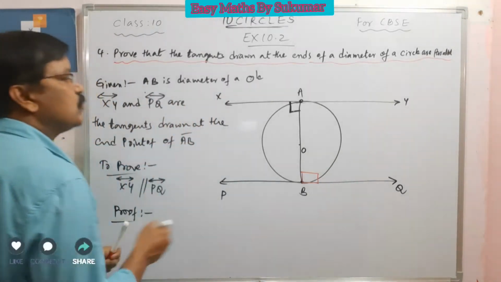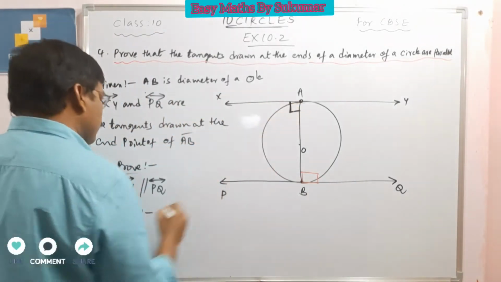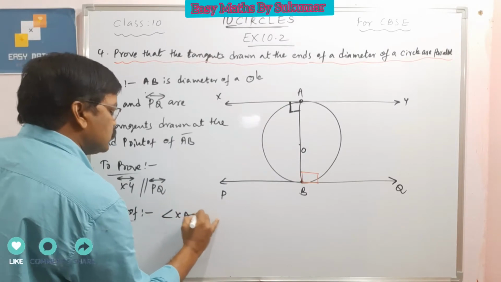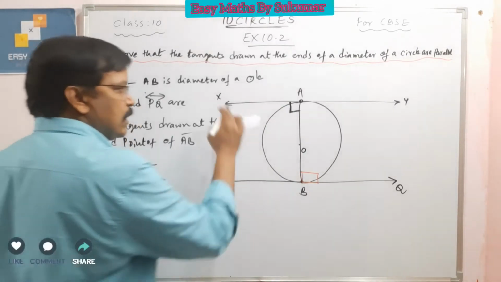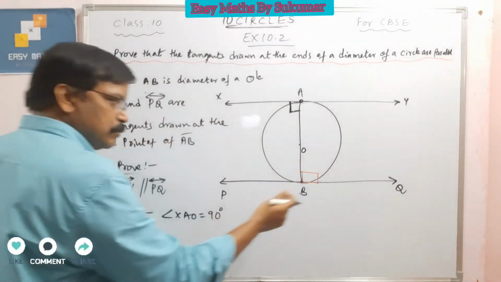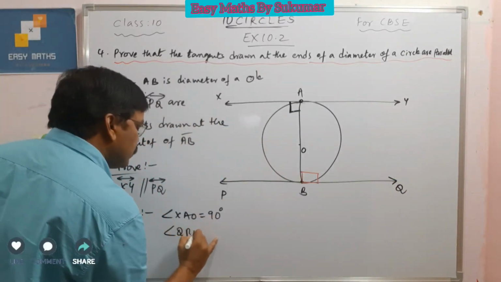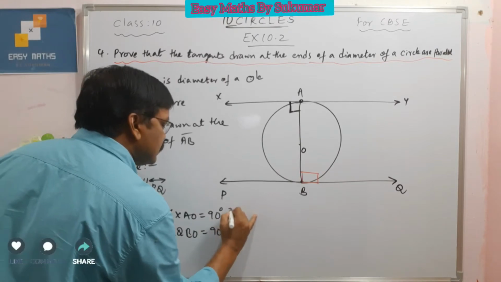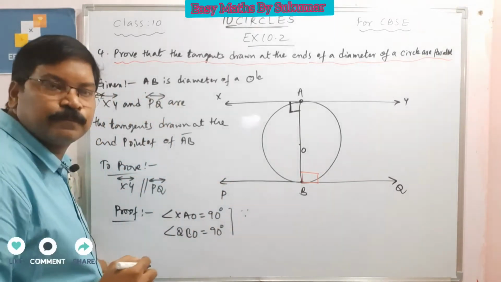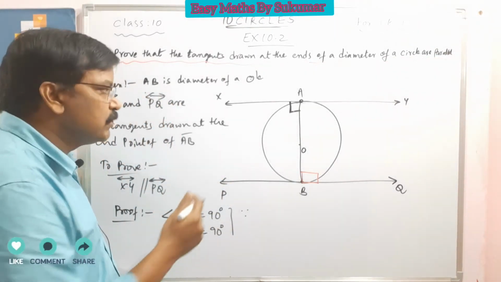Okay. So, let me write angle XAO is equal to 90 degrees. Similarly, angle QBO is also 90 degrees. What is the reason here?